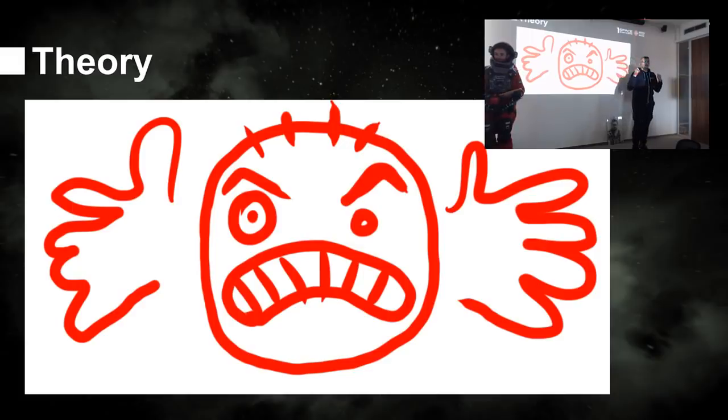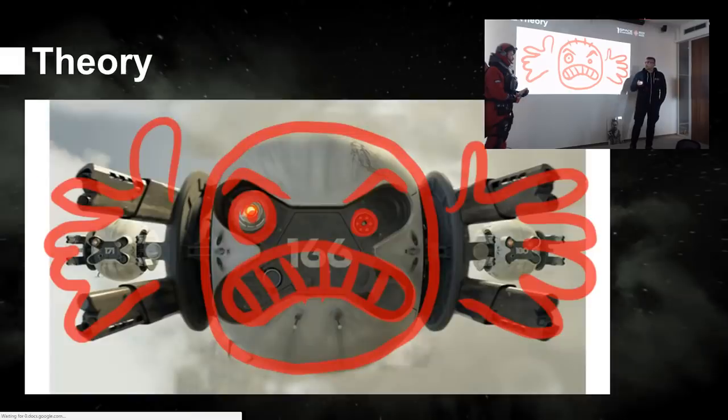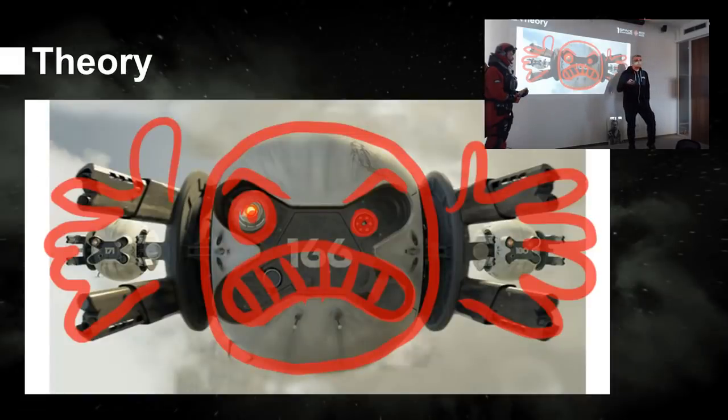This guy wants to threaten you. Because if you would give this kind of task to some kid, like, hey, draw something really scary, he would probably end up with something like this, because this is really scary. And if you would look at this from the other side, this thing is pretty cool.